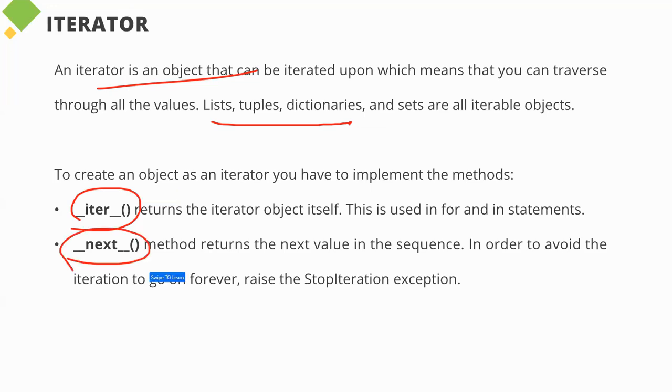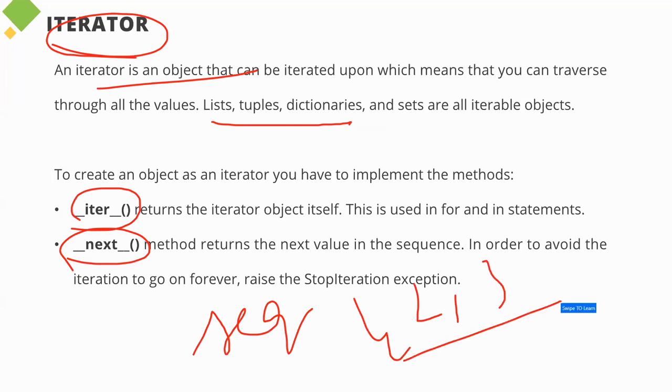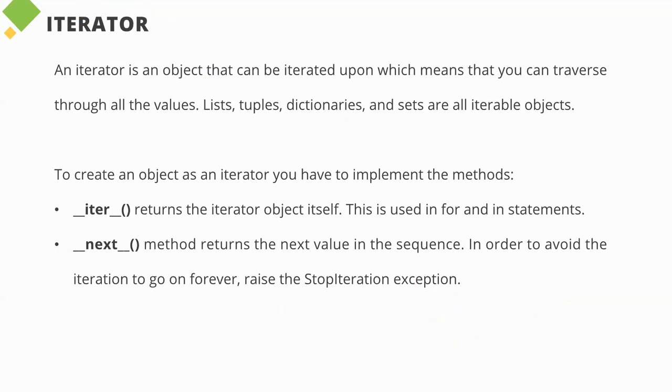Iter returns the iterator itself, whereas next returns the next value in a sequence. You can simply learn what an iterator is. It's just a sequence. You'll have a sequence of values, say 1, 2, 3, 4. Def iter iterates over all the numerical values. So we can say it as 1, 2, and 3, right?